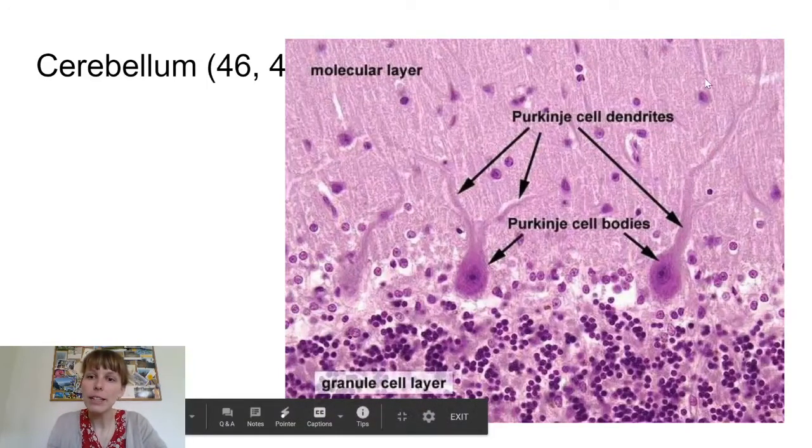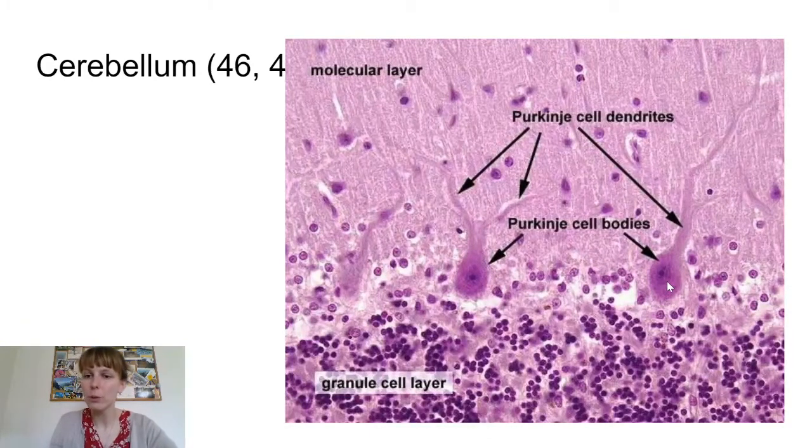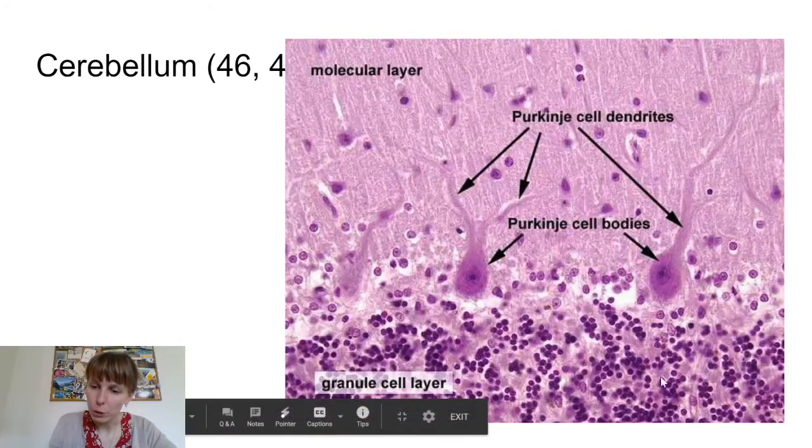So if we zoom in hematoxylin eosin, this is what we will see on the border between the lighter layer of the cortex and the dark one, between the molecular and the granule cell layer. And these will be the huge neurons, the biggest neurons that you can see in the brain, Purkinje cells. So they are sitting here in the row. You can see the cytoplasm with the dendrites reaching upwards into the molecular layer, and their axons will be going down through the granule cell layer into the white matter.